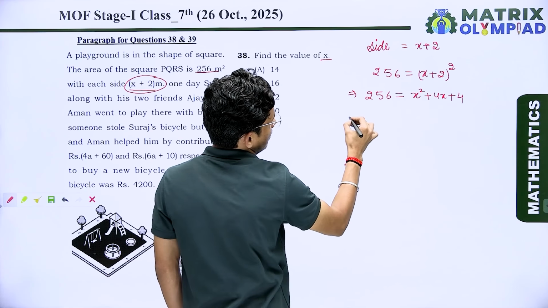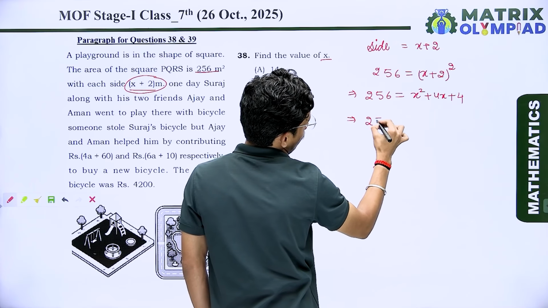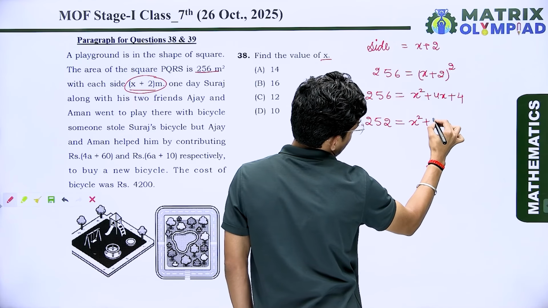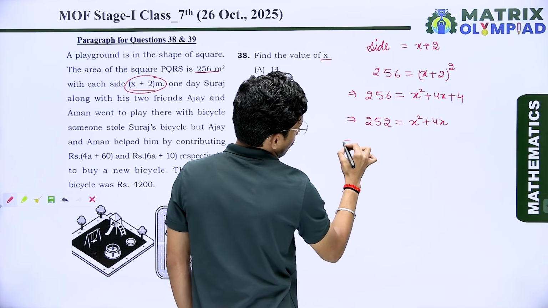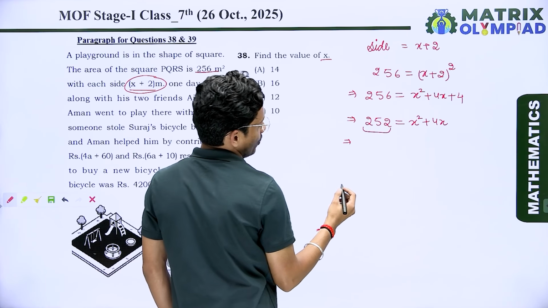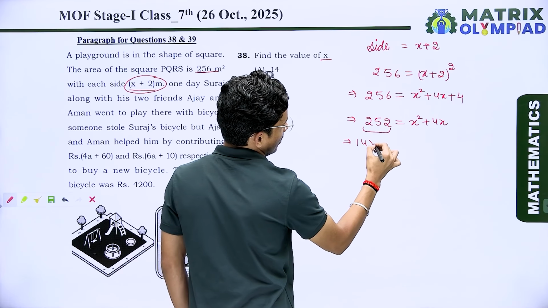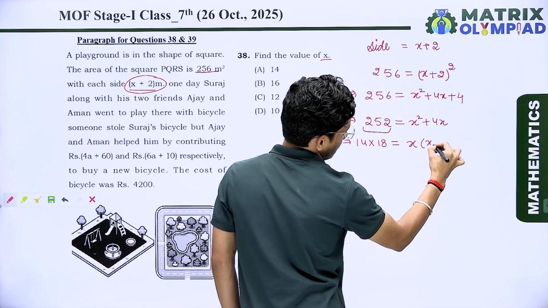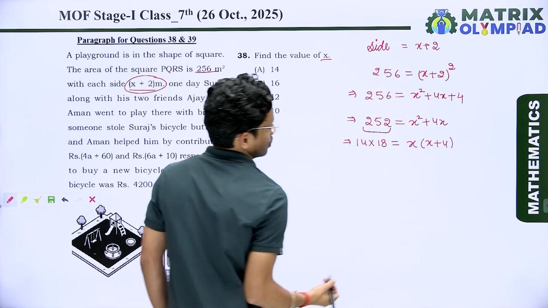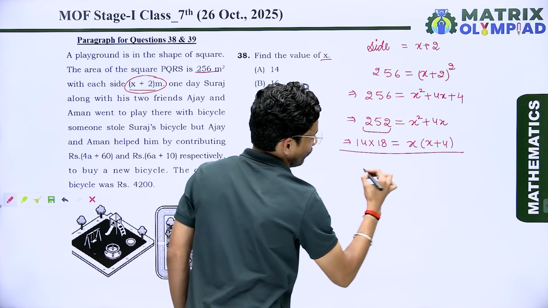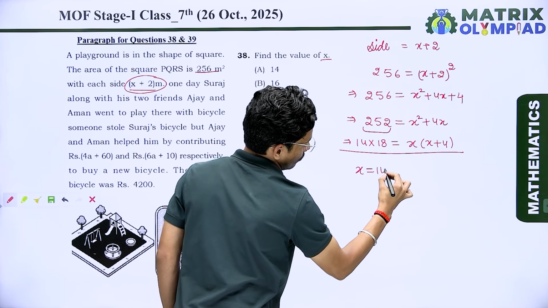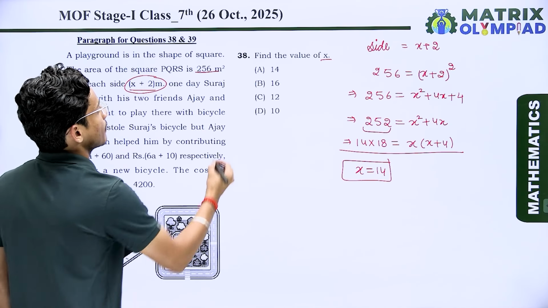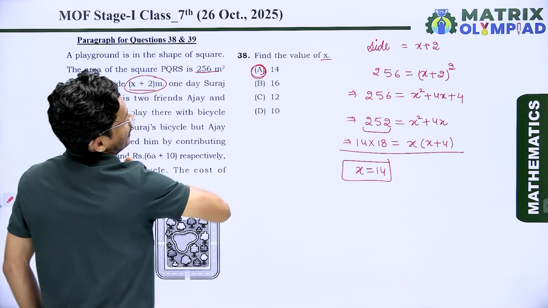When I transfer 4 here, I can write 252 is equal to x square plus 4x. We know 252 we can write as 14 multiplied by 18, and when we take x common, we get x plus 4. So the value of x is equal to 14. So check which option is correct. Option number A is the correct answer.